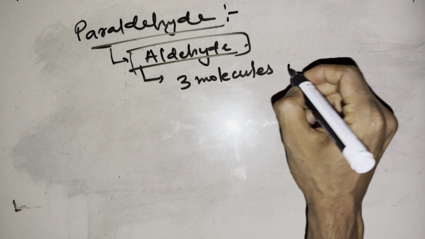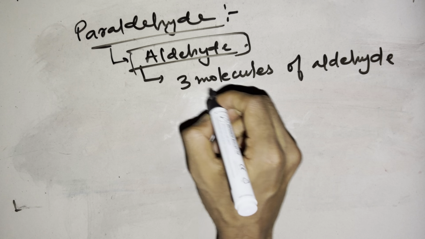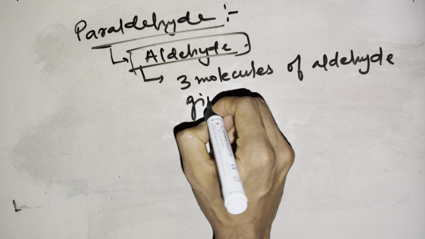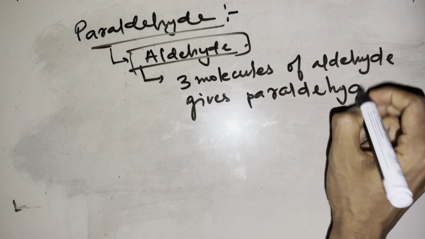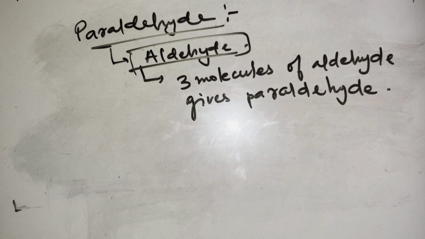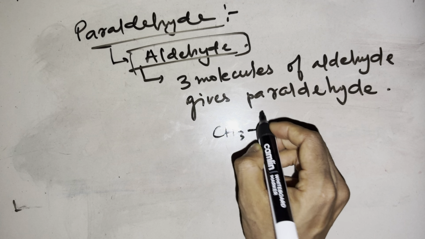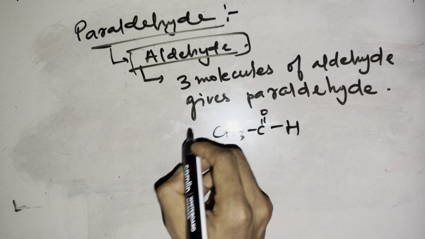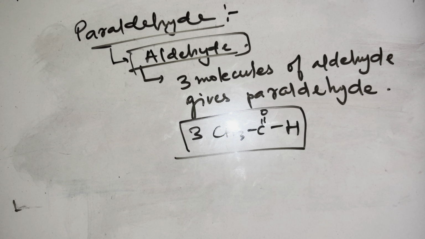So 3 molecules of aldehyde will give peraldehyde. And what are these 3 molecules? That is CH3, C double bond O, single bond H. 3 molecule of this ethanal.